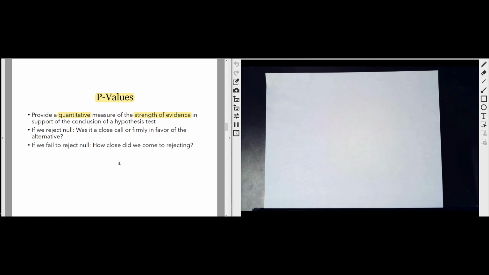Rather than specifying an alpha in advance and then just making a binary decision about whether your sample indicates that you should reject the null hypothesis or not, the p-value allows you to determine whether accepting or rejecting was a close call or an obvious thing. Let's see how that works.